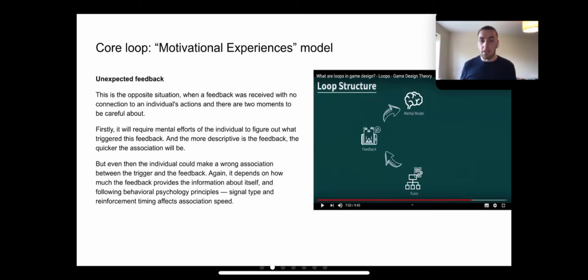And another case is where the player didn't make any action from his point of view, but he received feedback. So probably in our game, if the player forgets about the timer in the case of our feature, and then the feature disappears, or he stayed inside the window that the feature provides, and this window disappears, it closed.